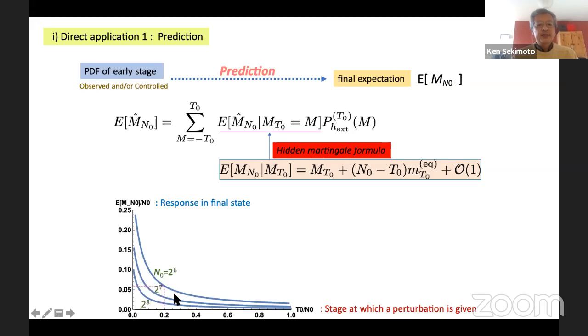So we see that the later the stage at which I give the perturbation, the smaller the influence on the final stage. It is more or less counterintuitive from the viewpoint of the memory effect, but here the early perturbation has a stronger influence on the final result.